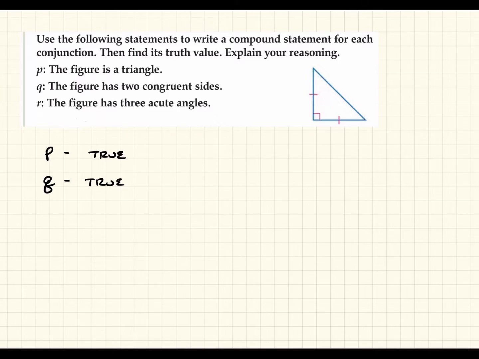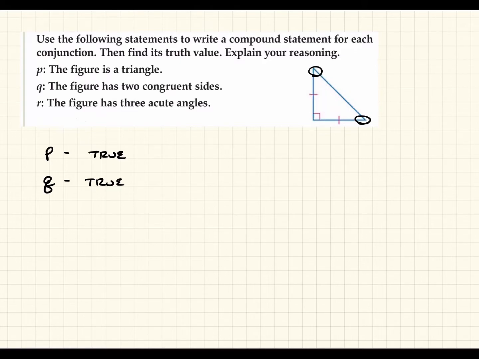And then finally, statement R. Statement R says the figure has three acute angles. Now, acute means less than 90 degrees. I see one acute angle, I see two acute angles, but the third angle is not acute. This is a 90-degree angle, which is not acute.